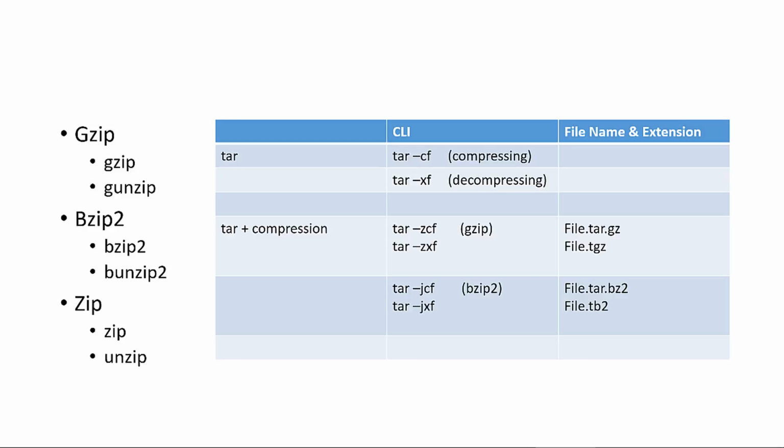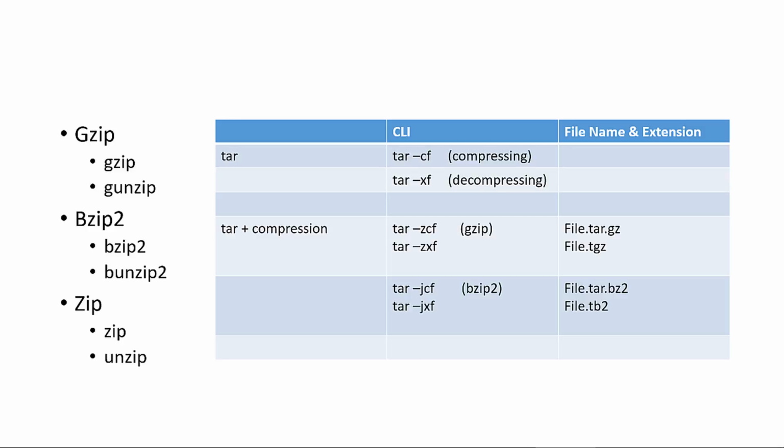So let's talk about tar a little bit. If we want to combine tar and compression, we could go to our command line with tar -cf. That will not so much compress, but it will combine our documents, all of the files that we need, into one tar file.